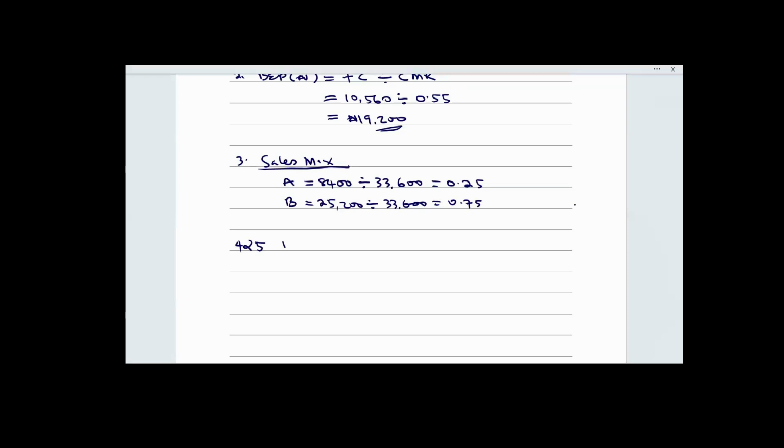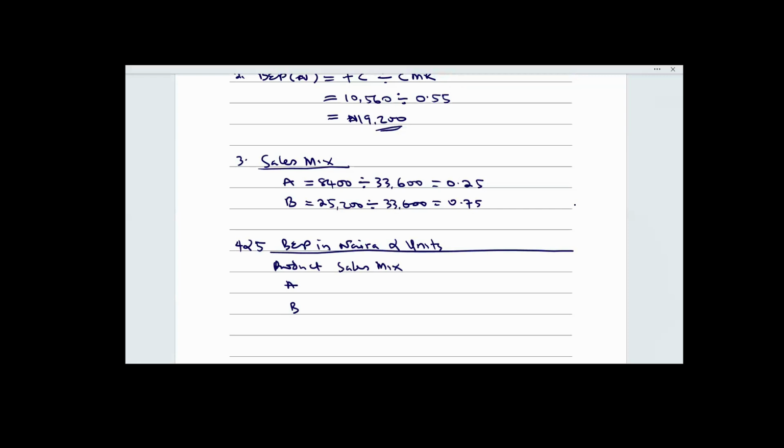Then the last steps, step 4 and 5, we merge them together. So we want to determine break-even point in Naira and break-even point in units. We use one table. Products: product A, product B, then sales mix, selling price, break-even points in units. You can see it's not difficult. Just understand the procedure.